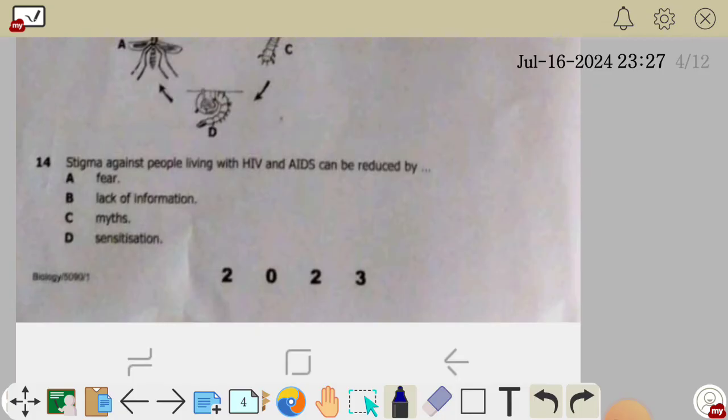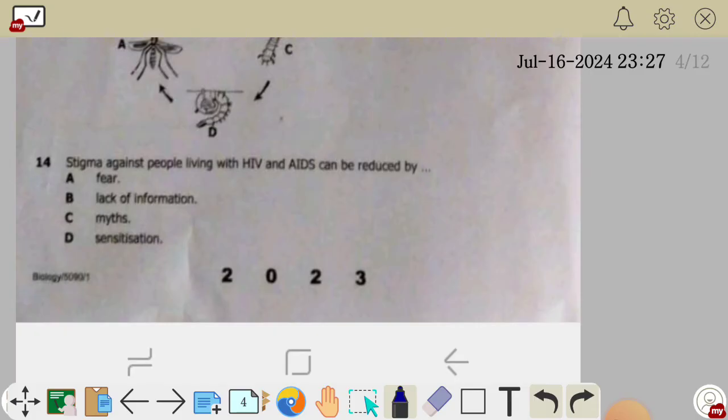Okay, so that is what we call sensitization. You let the people know about the condition, which is HIV and AIDS. So this can help reduce stigma in people with HIV and AIDS. Sensitization. So the correct answer here is D for question 14.